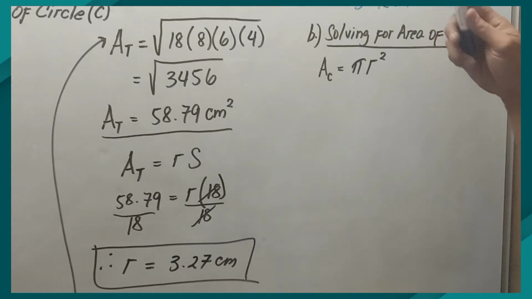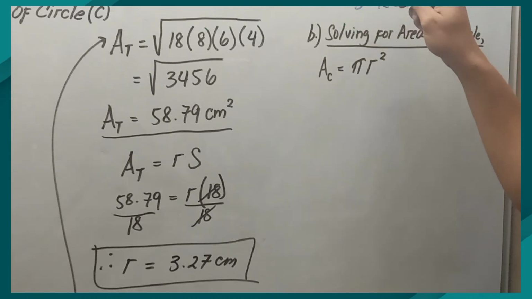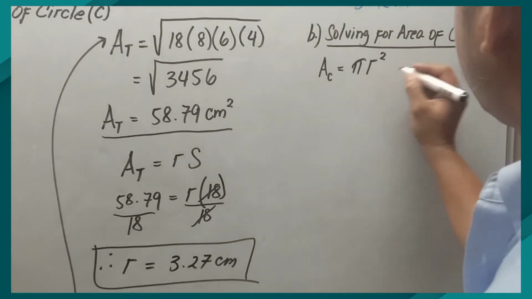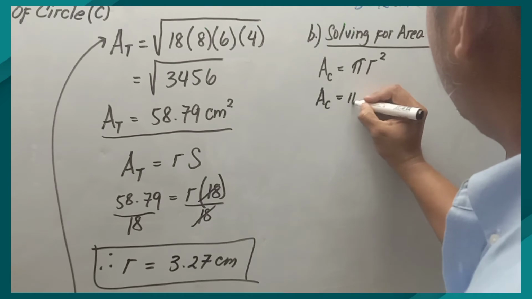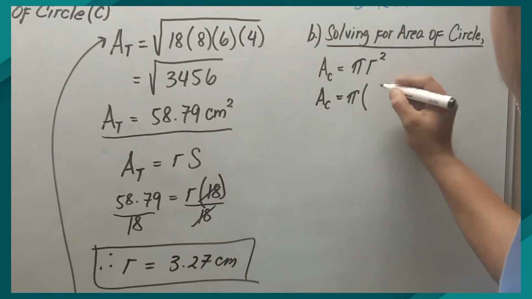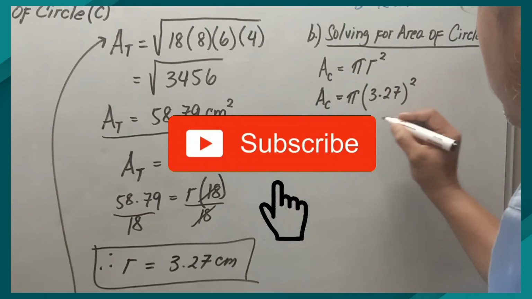So this is the standard equation on how to find the area of a circle using the radius. Or also, if the given value is not in radius, you can find also the area in terms of diameter. Okay, where the area of a circle is equal to pi d squared over 4. So area of a circle is equal to pi times, what's the radius, guys? 3.27 squared.